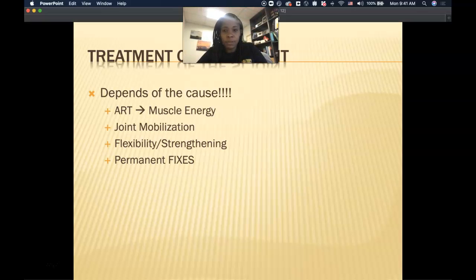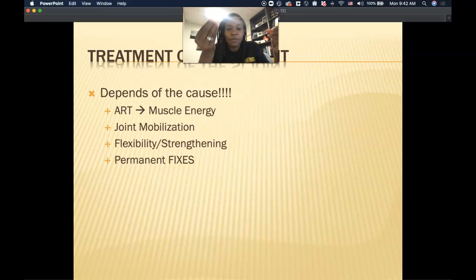Certainly chiropractic treatment is a good treatment, but it's a short-term fix, right? It's going to manipulate the joint, it's going to put it back in its position. But if we have a tight structure, if we have a leg length discrepancy, if we have a loose structure, then guess what? As soon as we fix that joint and that patient participates, what's going to happen? It's going to go back to being dysfunctional.